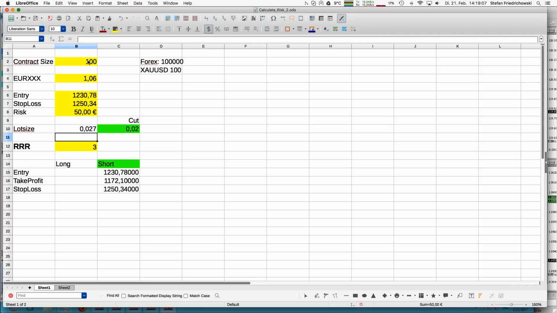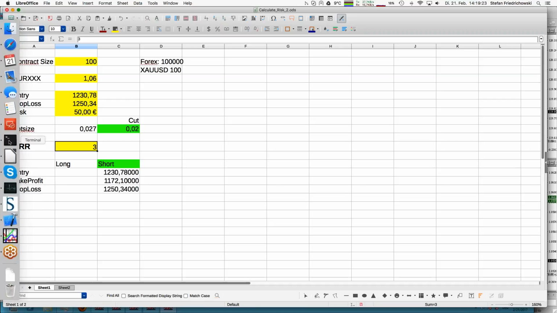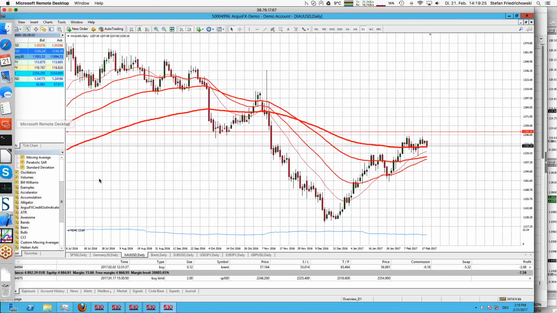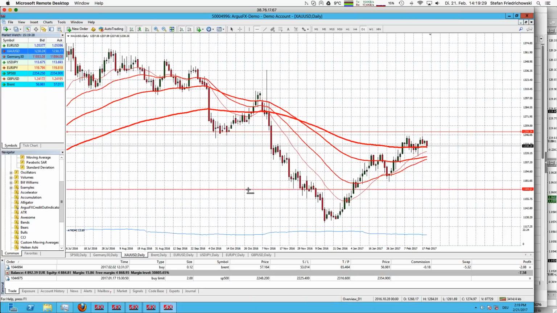And as indicated, we need high risk reward ratios. So take profit would be at 1172.10 for a risk reward ratio of 3. Let's draw that line within our chart so that we see a little bit where that would be.